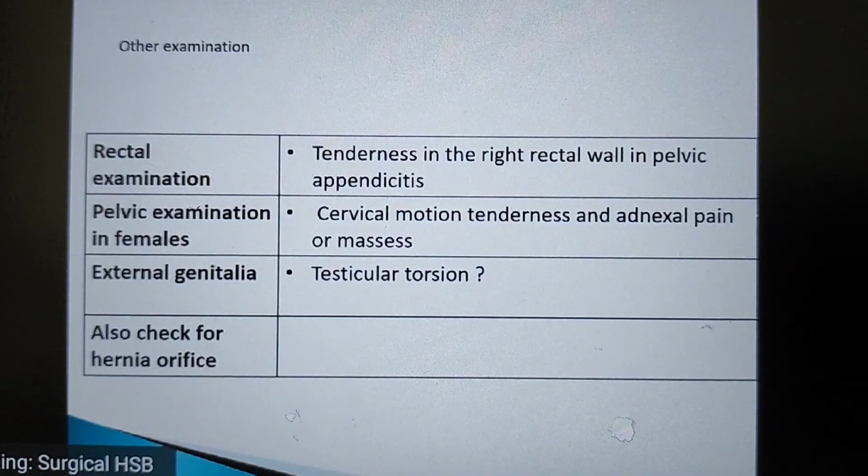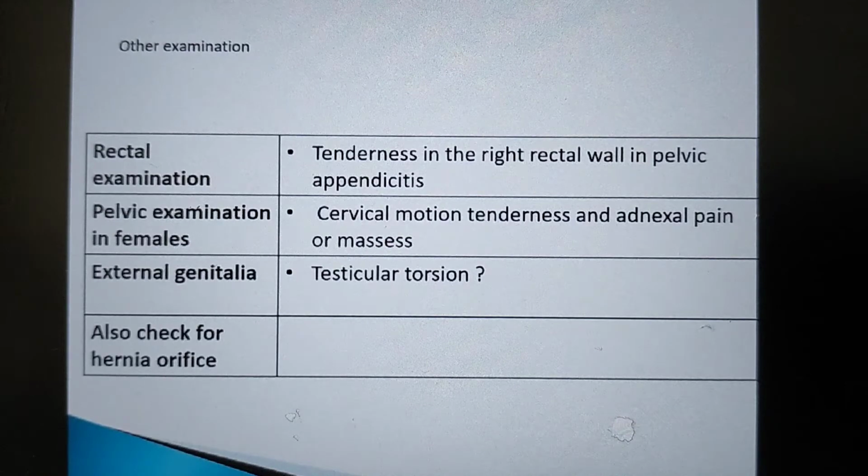Other examinations that we have to look for in acute appendicitis include rectal examination. There are some types of acute appendicitis, so the patient may present with tenderness in the right rectal wall in pelvic appendicitis.